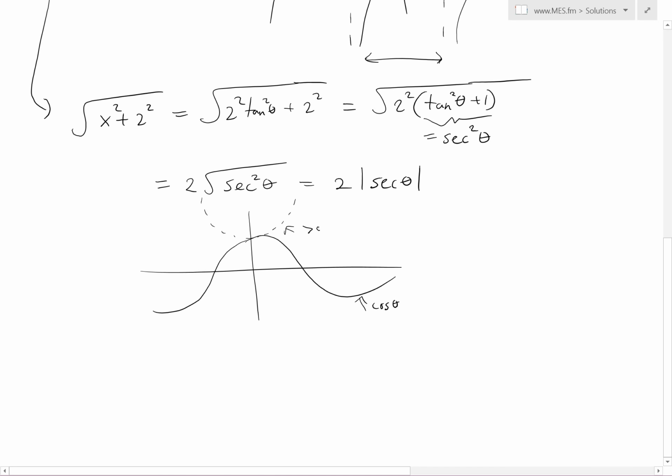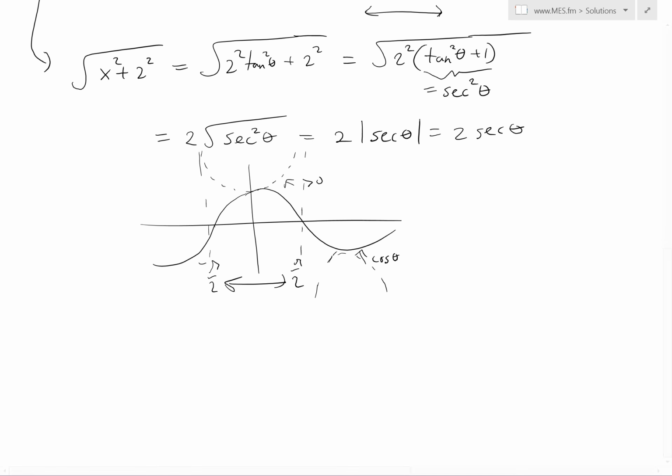But since we're dealing only with the range from negative pi over 2 to pi over 2, cos is always greater than 0, so this just equals 2 secant theta, always positive.